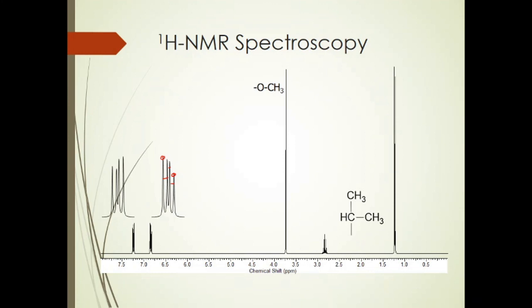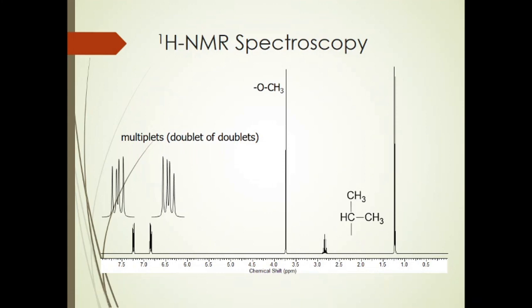We would refer to this then as a multiplet, and we don't really know exactly what the number of neighboring hydrogens are. Some of you may have studied in lecture that this is in fact something called a doublet of doublets. Just briefly, if you're interested, you don't need to understand this, so if you don't follow it, this is fine.